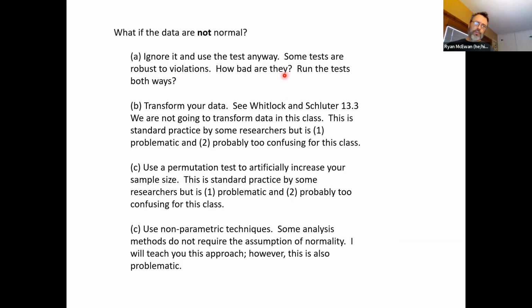How bad are the violations? What are we dealing with here? Is it a marginal case? Is it clearly not normal? B, you can use data transformation. A lot of people, when they run statistics, end up transforming the data beforehand. There are lots of different transformations, log transformation, and so forth.